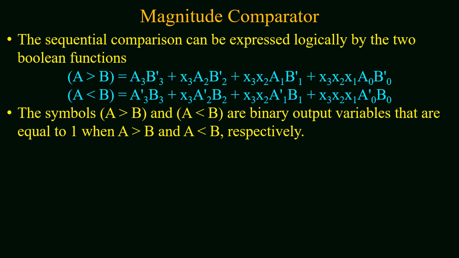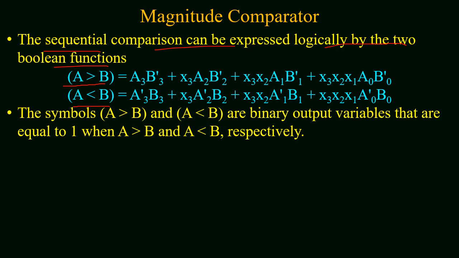Now the sequential comparison can be expressed logically by two Boolean functions. As said earlier, this comparison starts from the most significant bit, so the binary variable A greater than B will be indicated by the given equation. And similarly, if we are calculating A less than B, then the binary variable A less than B is indicated by the second equation.